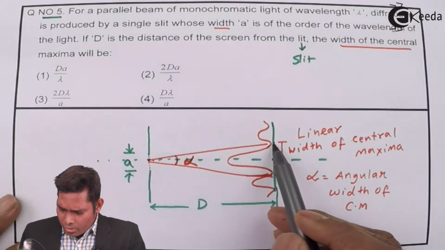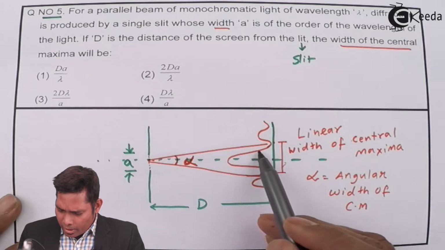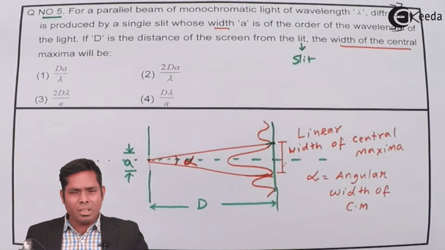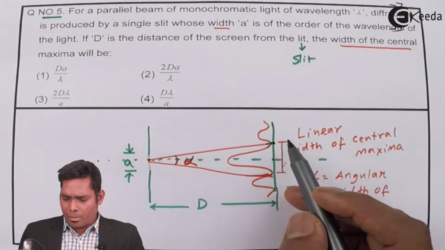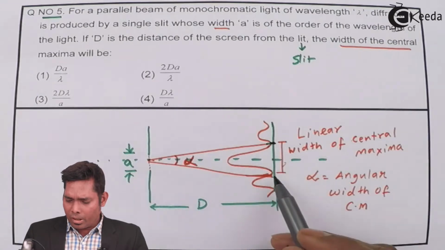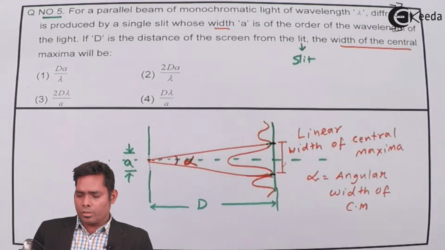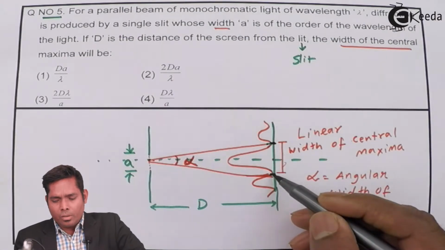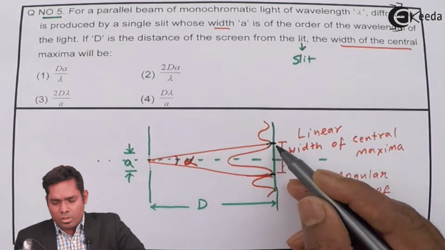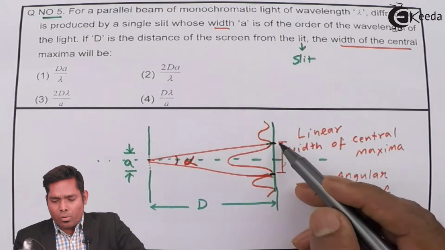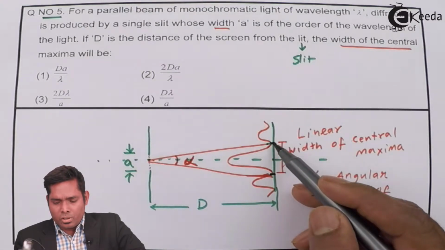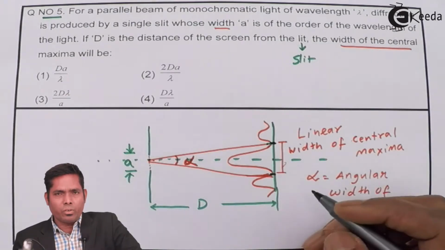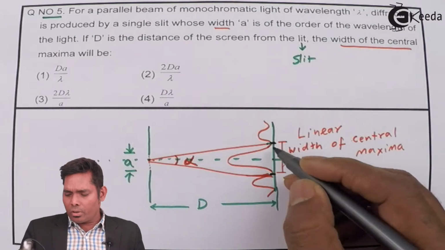If the central maxima ends here, that is where the first minima will start. The position of the first minima here and the position of the first minima on the other side of the central maxima are equidistant. So basically I have to measure the distance between the two first minima, which is the width of the central maxima.